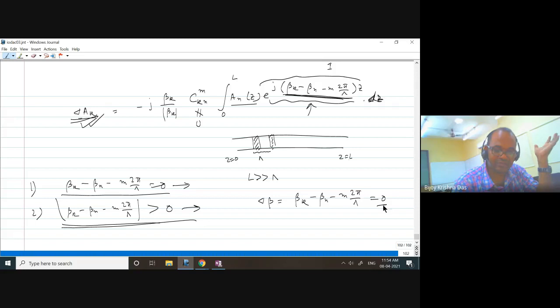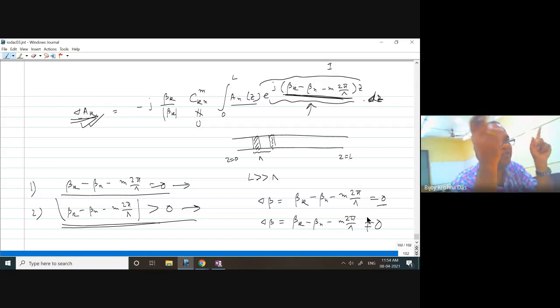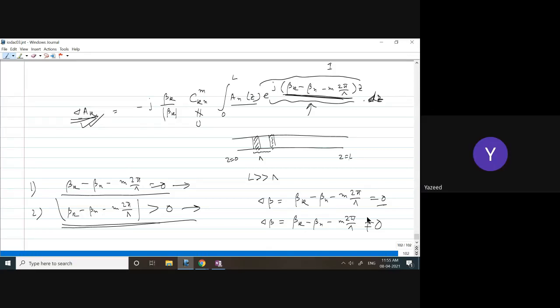But if this delta beta equals beta K minus beta N minus M 2 pi by lambda not equal to 0, then no coupling will happen between the kth mode and the nth mode. Is this clear? This is only true if L is a multiple of lambda, right?